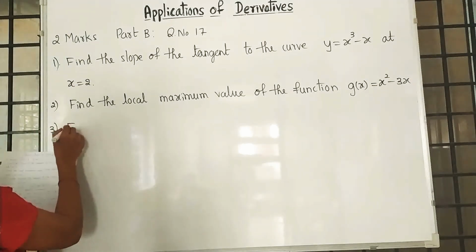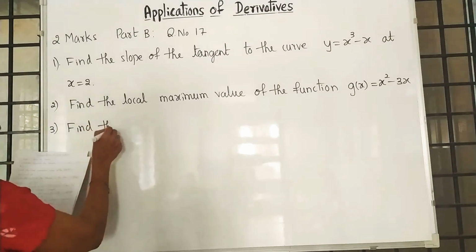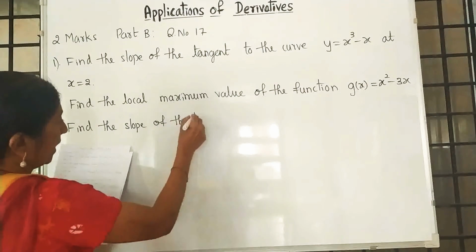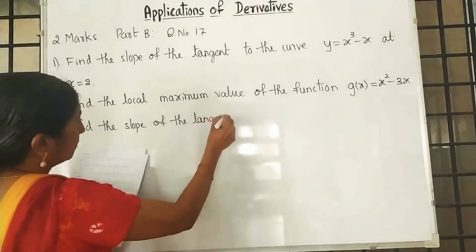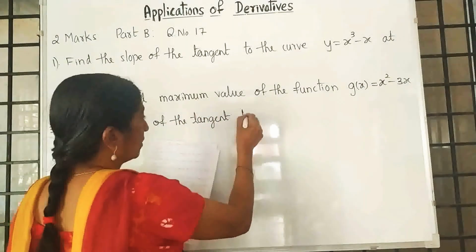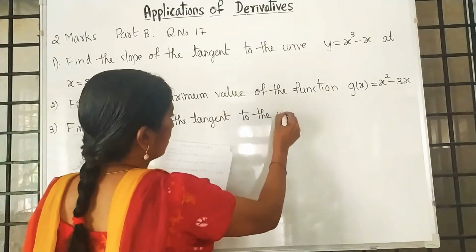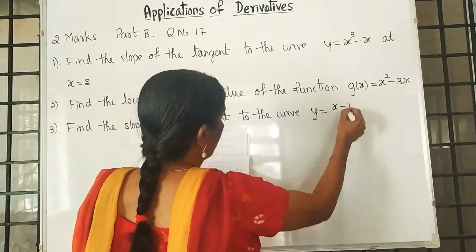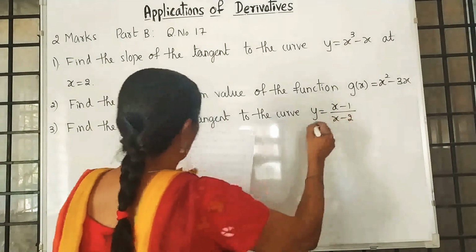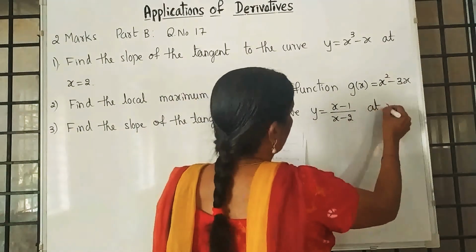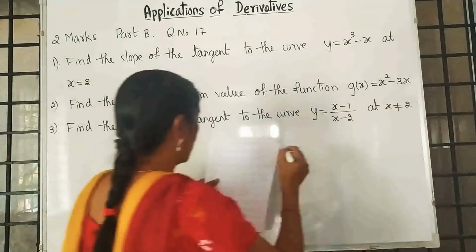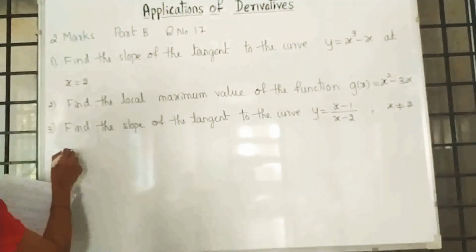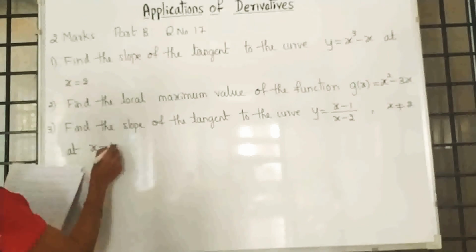Third one, find the slope of the tangent to the curve y is equal to x minus 1 upon x minus 2, x is not equal to 2, at x is equal to 10.